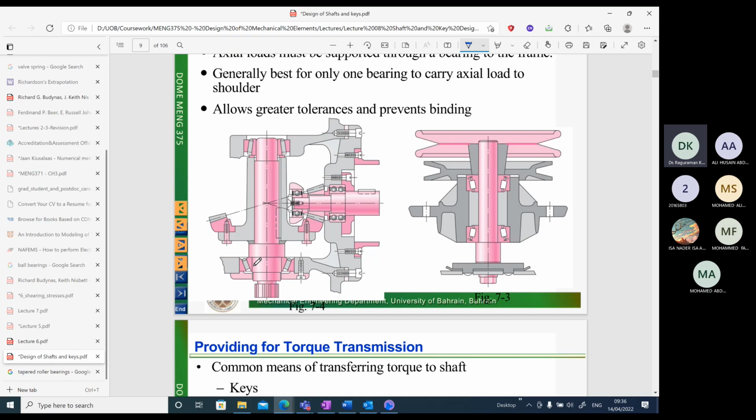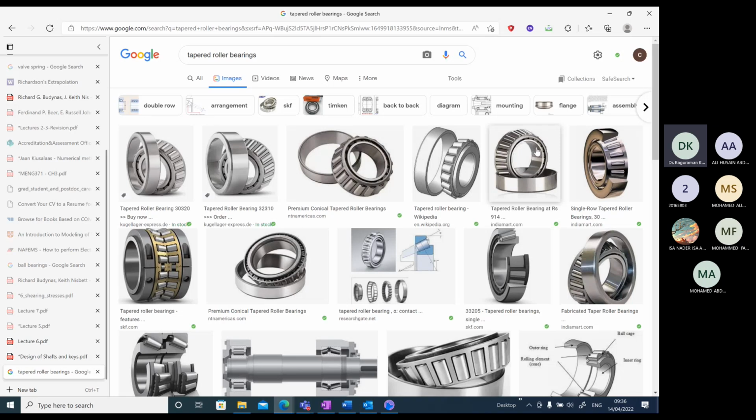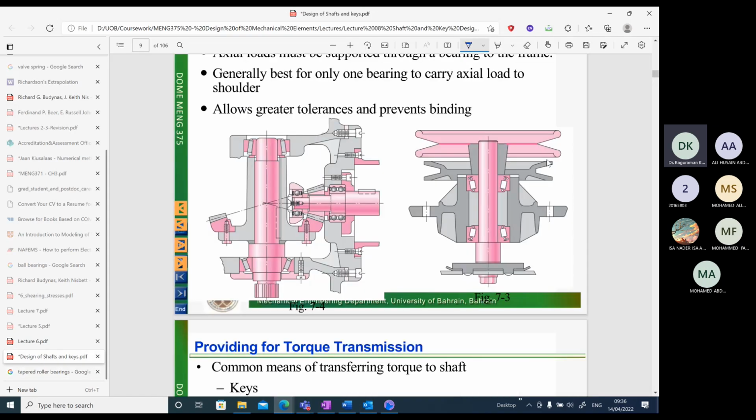Which means the diameter of the outer surface of the shaft will be slightly greater than the diameter of the inner surface of the bearings. So you have to use a hydraulic press to force these bearings onto the shaft. After you do these fits, the shaft is supported and it can carry axial as well as radial loads.